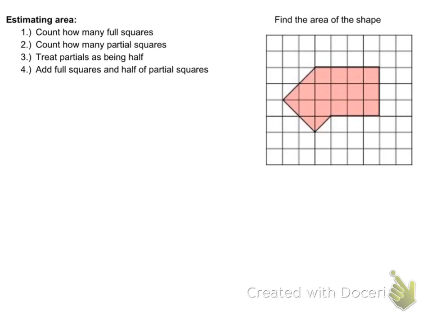Because if you can count the full squares, you know that you have at least that much lake, right? So I go here and I'll say 1, 2, 3, 4, 5, 6, 7, 8, 9, 10, 11, 12, 13, 14. So we know this lake is at least 14 square miles.